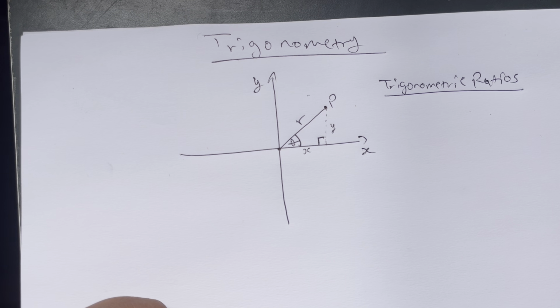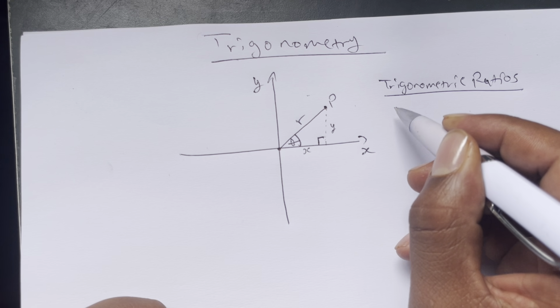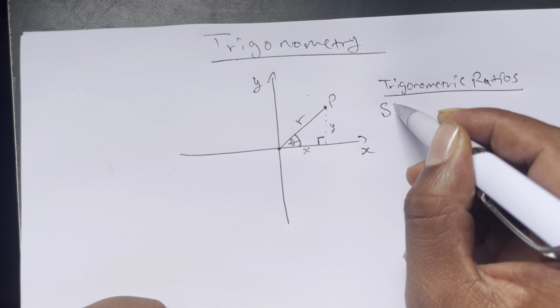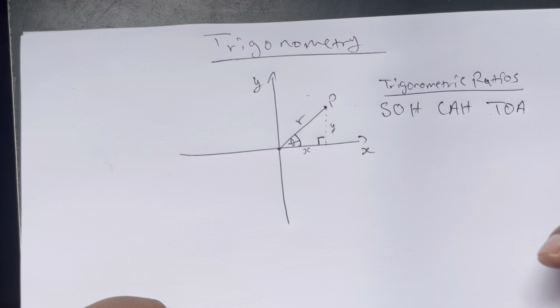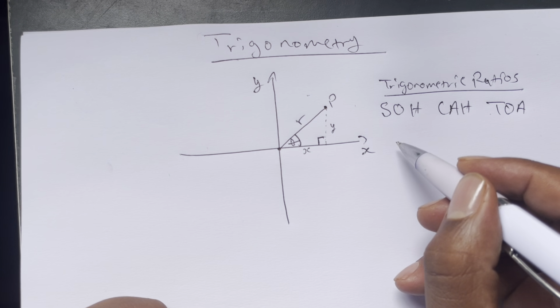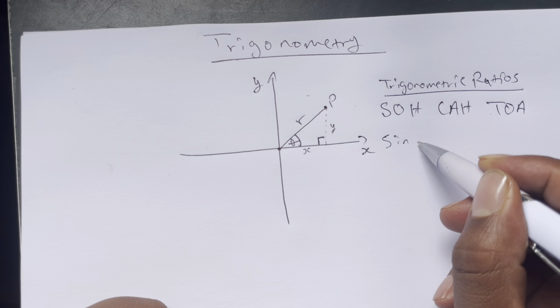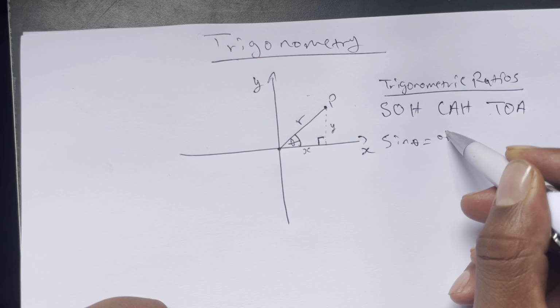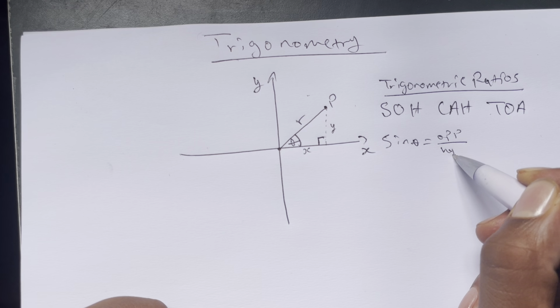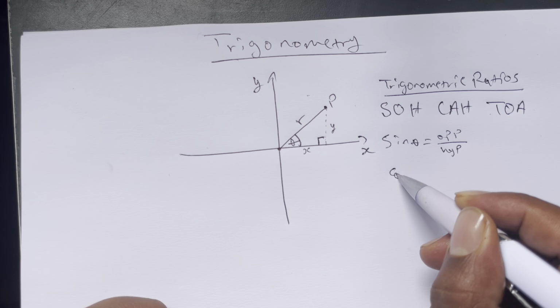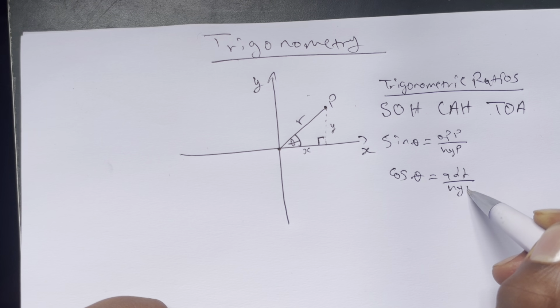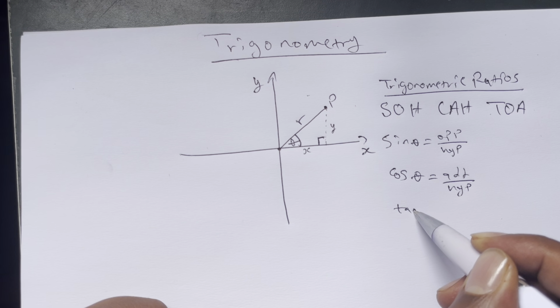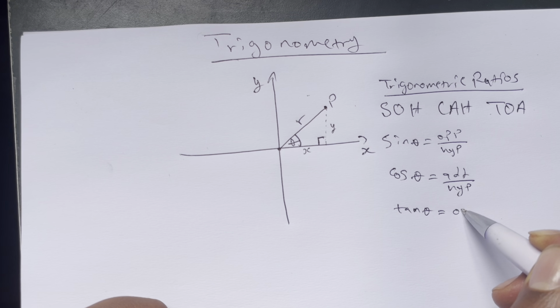Normally we are all used to SOHCAHTOA, meaning that the sine of theta is opposite over hypotenuse, the cos of theta is adjacent over hypotenuse, and the tangent of theta is opposite over adjacent.